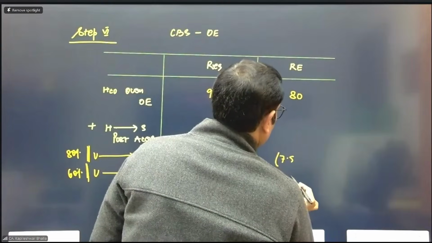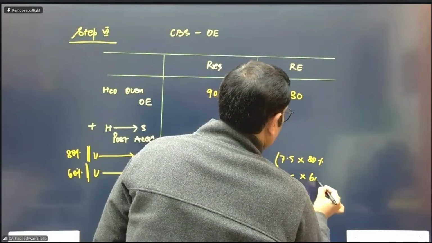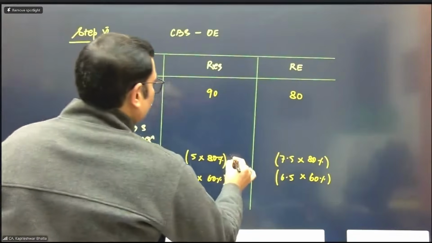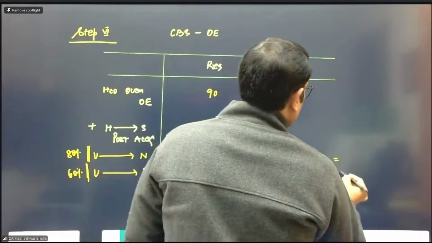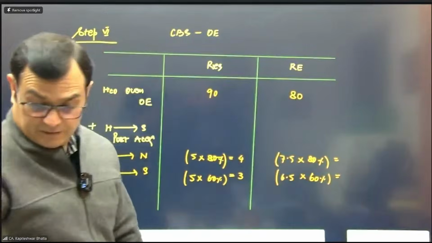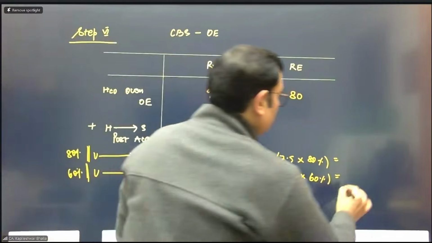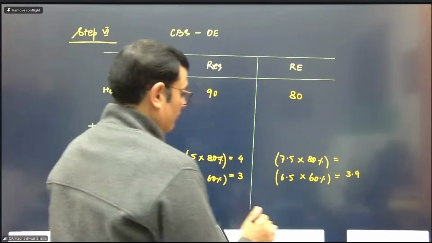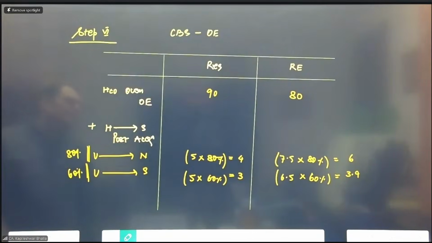Into 80% and into 60%. So this is going to be 4.4, 3.3, and this is going to be 3.9, 6. I think that's it. No other adjustments are given. I think we are sorted.